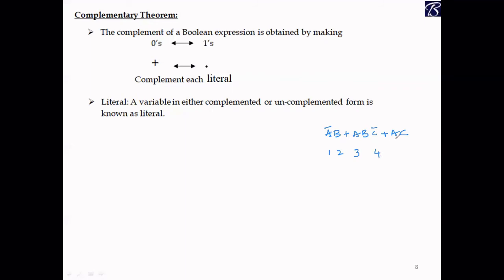And A is repeated, no need to take. And C is not repeated here, so this is 5. So total 5 literals are there. That means A bar is a literal and A is also a literal, right? A variable in either complemented or uncomplemented form is known as a literal.